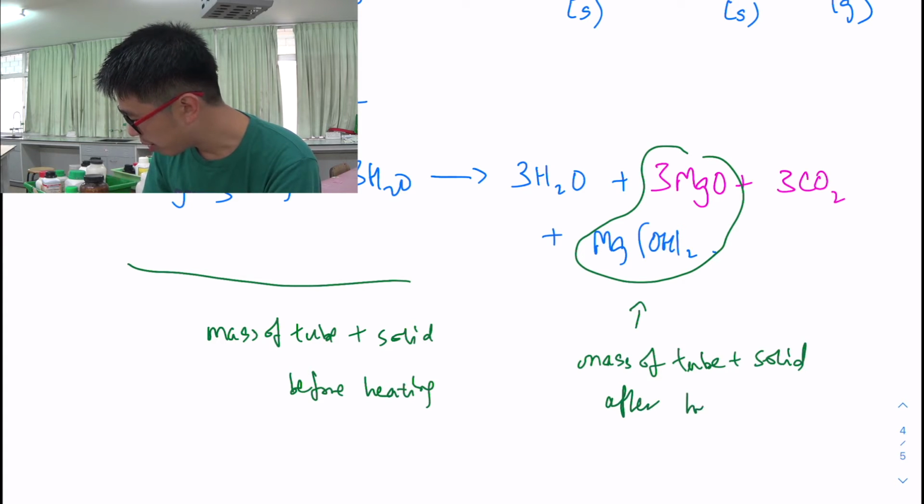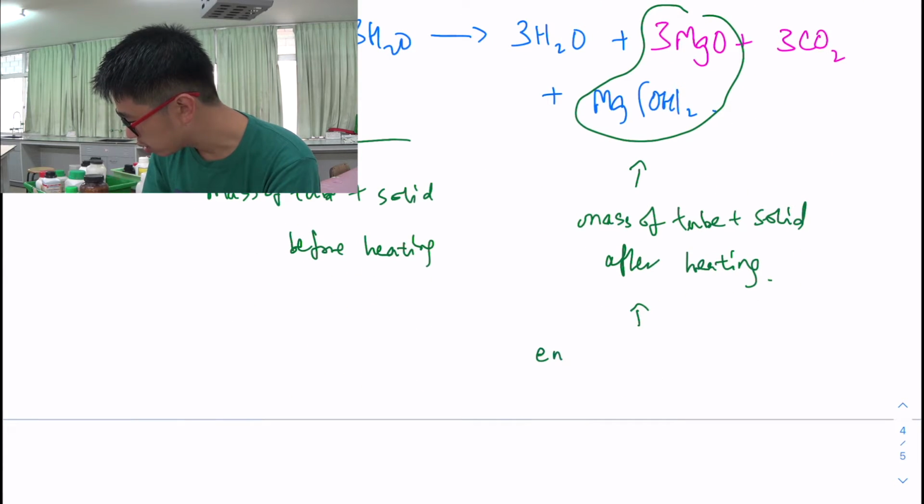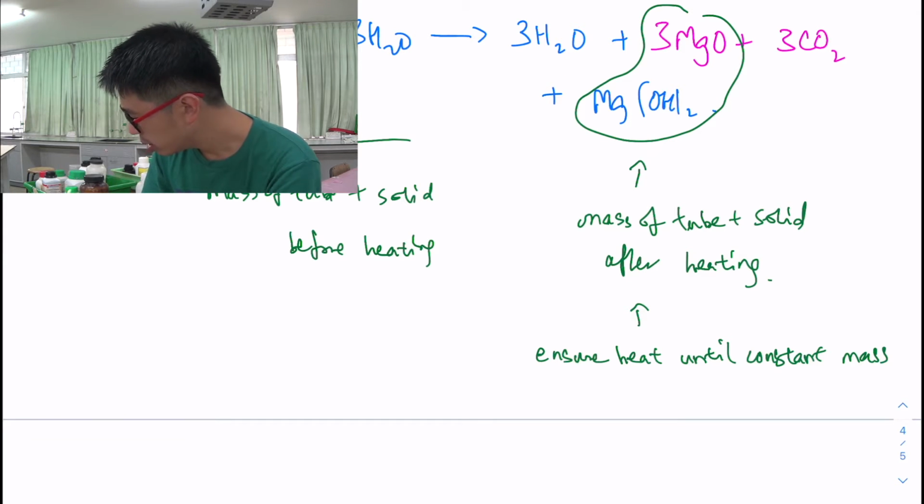Initially you have the mass of tube plus solid before heating, and then the mass of tube plus solid after heating. So you need to ensure you heat until constant mass, and that was exactly what I said just now.